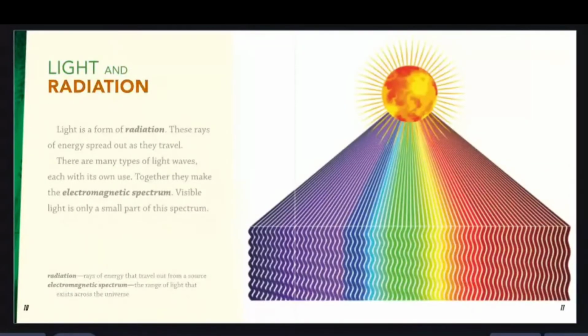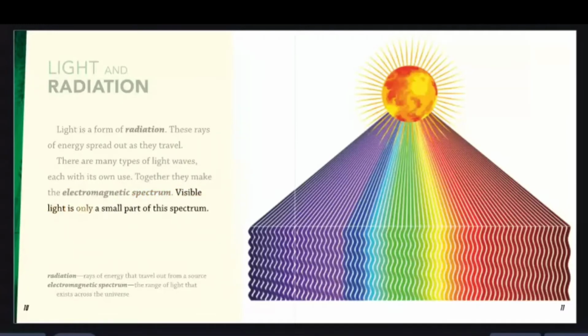Light and radiation. Light is a form of radiation. These rays of energy spread out as they travel. There are many types of light waves, each with its own use. Together they make the electromagnetic spectrum.